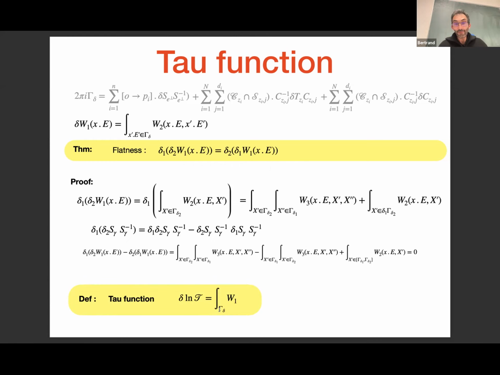If the delta was only containing the isomonodromic part, so if gamma delta contained only the term with the delta t's without the terms k equals 0, then this equation would exactly be the Miwa-Jimbo tau function. And in general, when you contain the other terms, this differential form on the right is in fact the Bertola-Malgrange differential for the more general cases. So basically, this is the tau function that you find in matrix models. This is really the tau function.